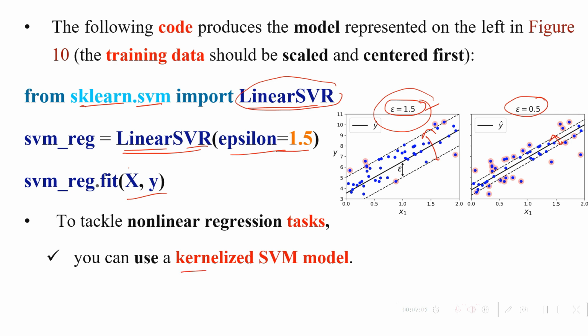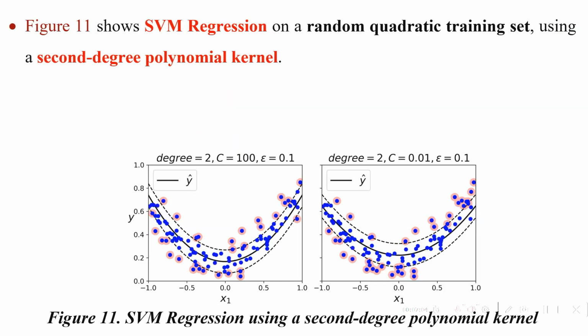Okay, but if you want to handle the nonlinear fashion, we are going to use the concept called kernelized SVM models. So here we are going to see two diagrams that represent the SVM regression model on a random quadratic training set, using the second degree polynomial kernel. Here degree equal to 2, C equal to 100 and epsilon equal to 0.5.